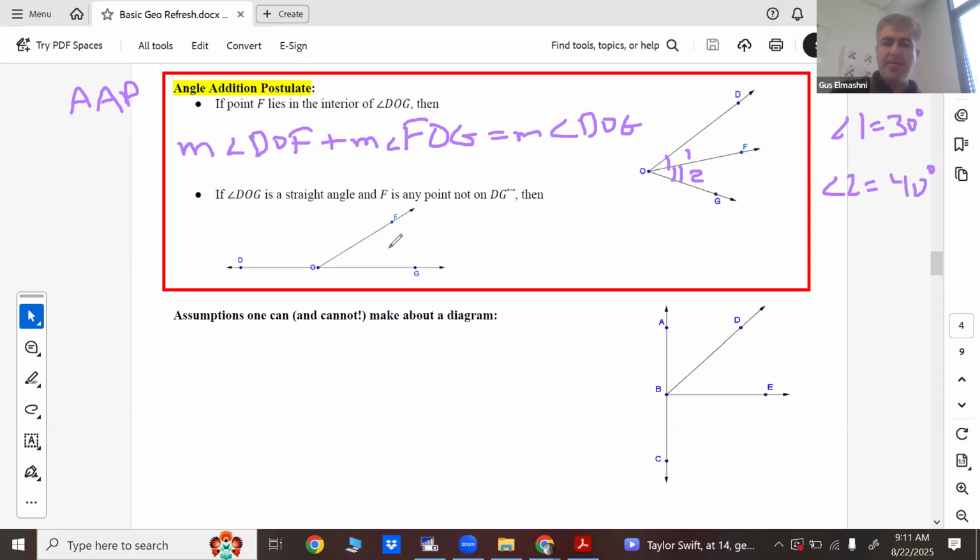Luke, do you want to read the next bullet point? Where it says if angle DOG is a straight angle, then the measure of DOF plus the measure of FOG is equal to how many degrees? 180 degrees.